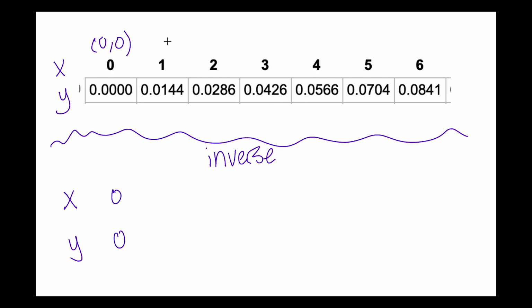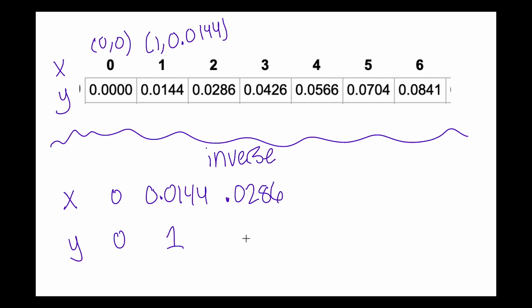Switching them doesn't change anything. Here my point is 1, 0.0144. My x and y will switch. So now my x becomes 0.0144 and my y becomes 1. So it's just as simple as switching the x and y values.